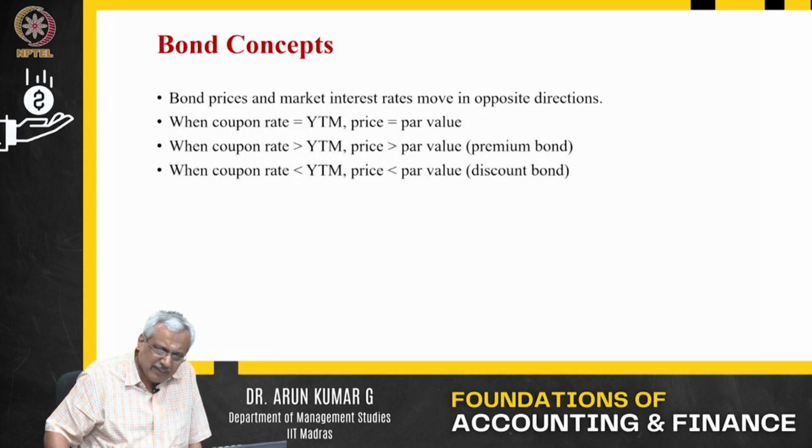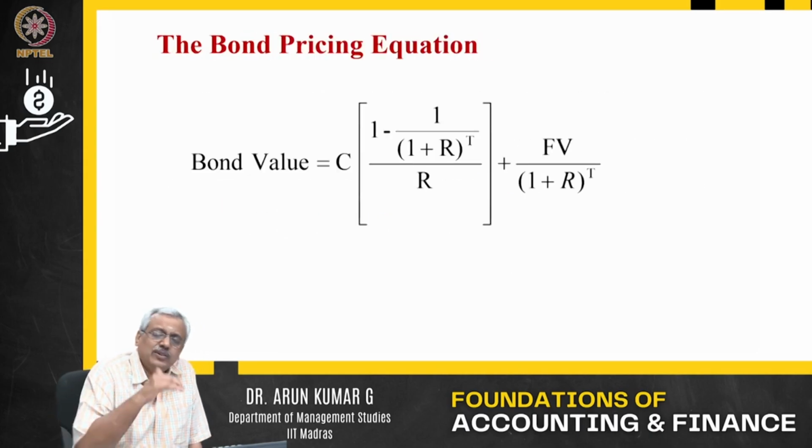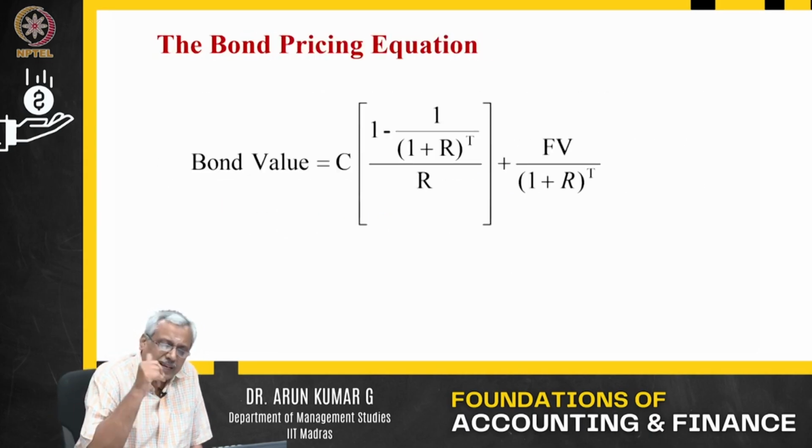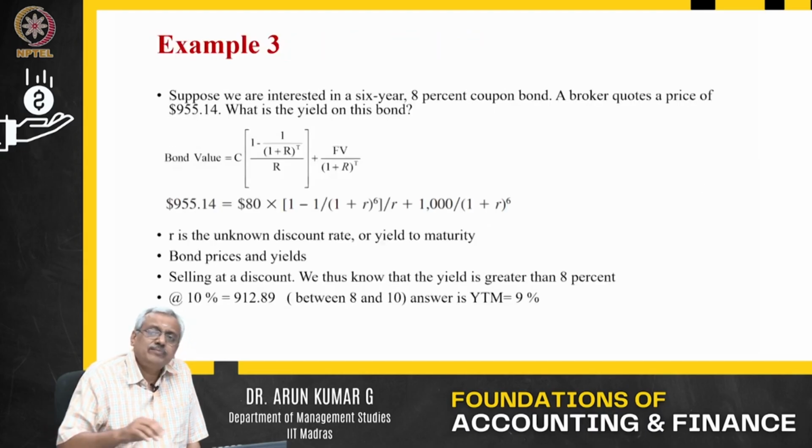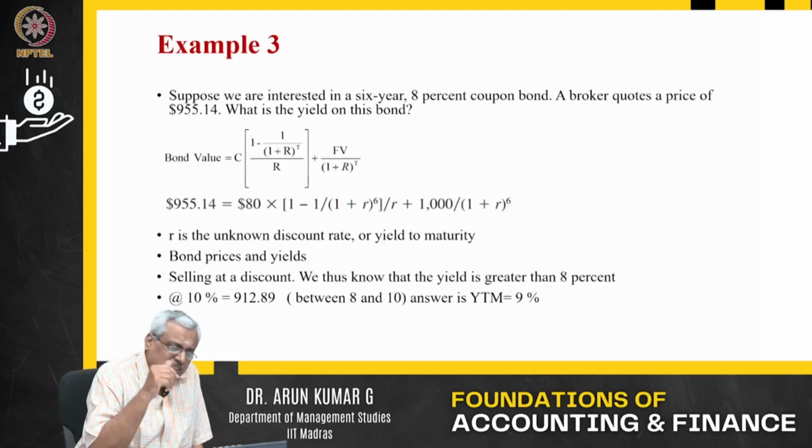Let's go back to the same equation out here. The bond value, what we talked about, and what I calculated in Excel: the present value of the face value, that is the second part, and the present value of the annuity. In this case, the bond price is known, R, the return rate, is unknown.